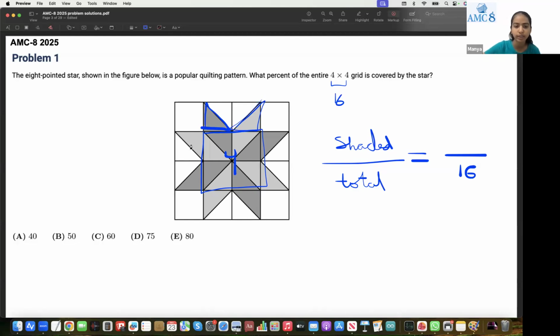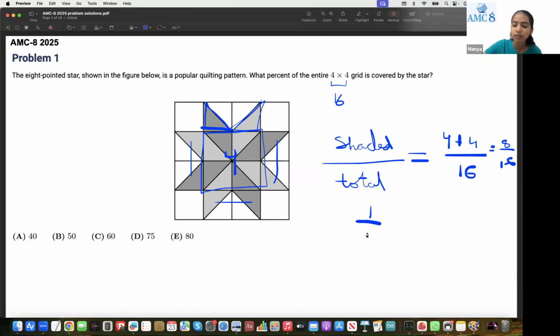So this is 1 square, this is another square, 3 squares, and 4 squares. So we have to add another 4 to this shaded area. 4 plus 4 gives us 8, so it'll be 8 over 16. If we reduce that, we get 1 over 2.